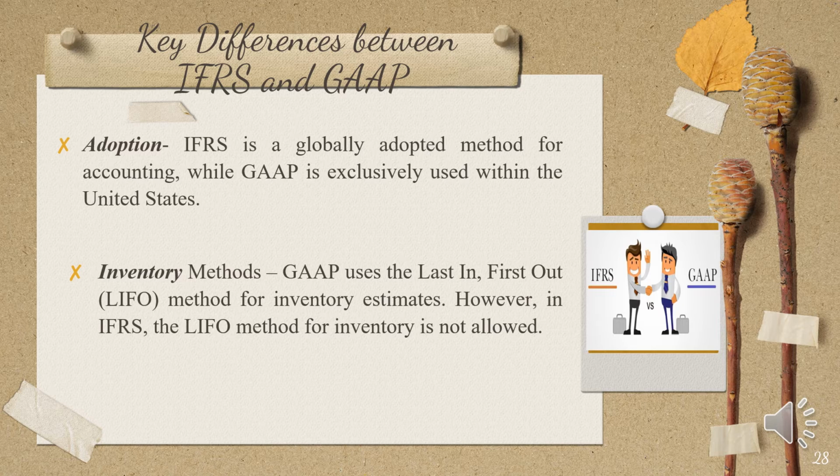Both systems allow for the first in, first out method or the FIFO and the weighted average cost method. So, yung FIFO assumes that the first unit making its way to inventory or the oldest inventory is sold first. Unlike dun sa last in, first out, assumes that the last unit to arrive in inventory is sold first.